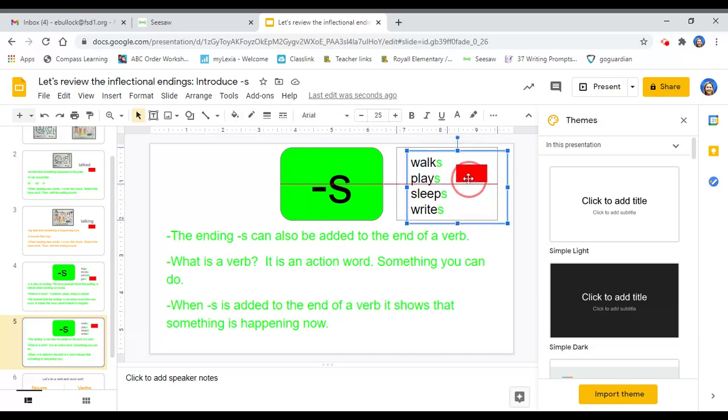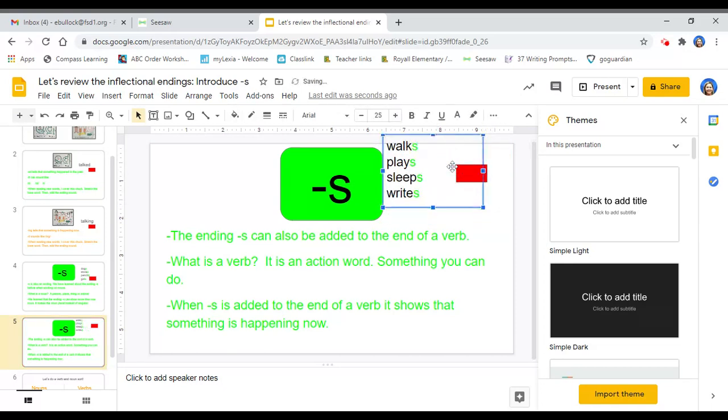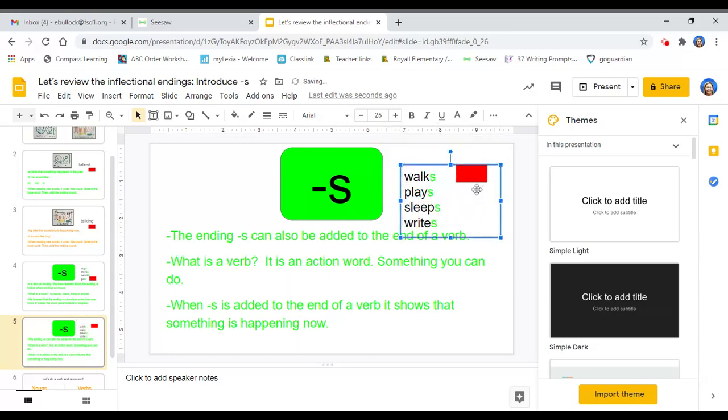Okay, let's look at these examples. Over here I have examples of verbs. So let's read.